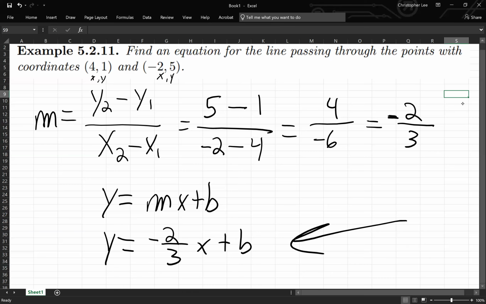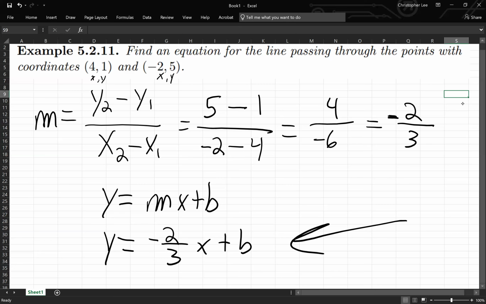I have the x and the y's there. So what can I do with that? It starts with a P. Plug it in.